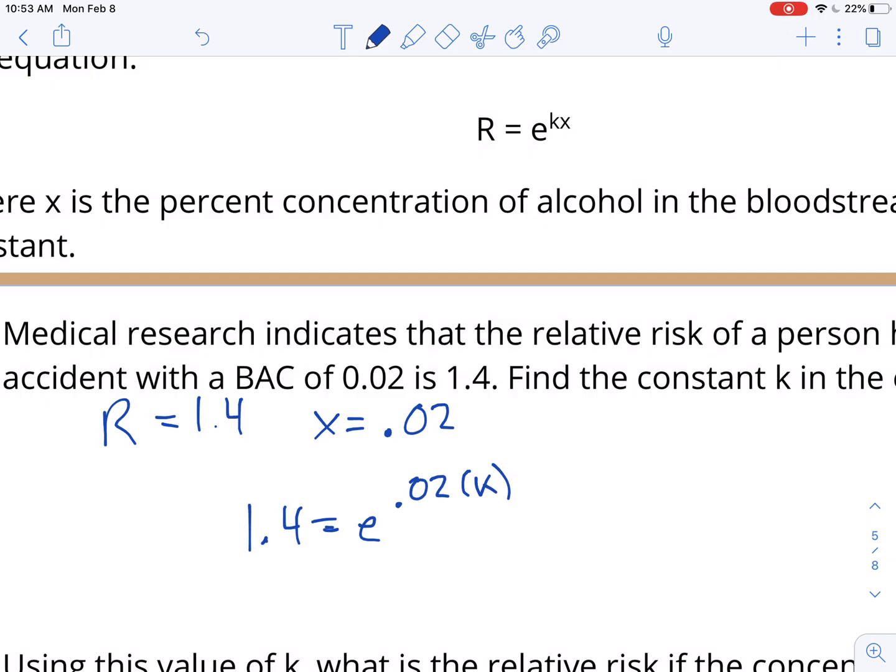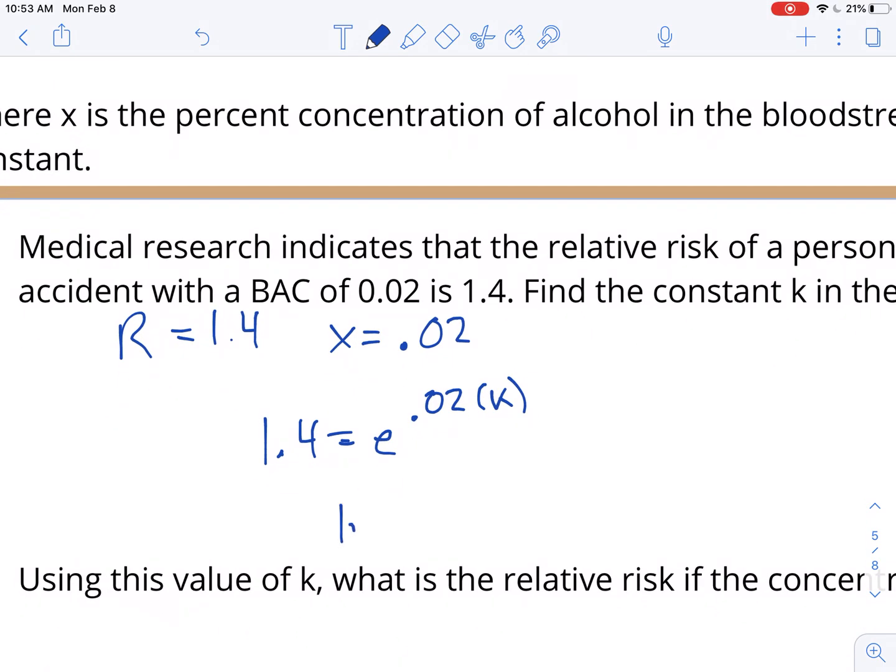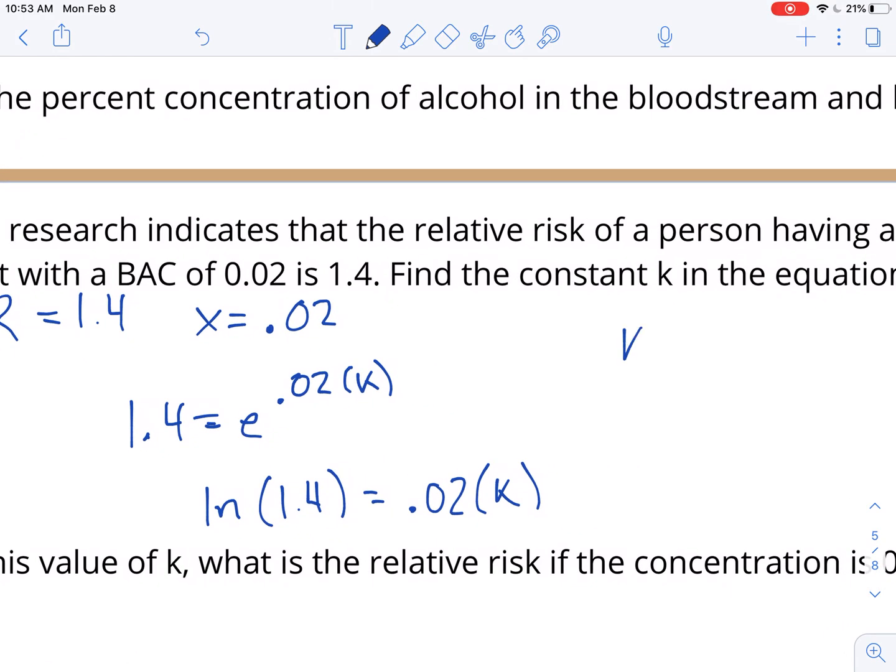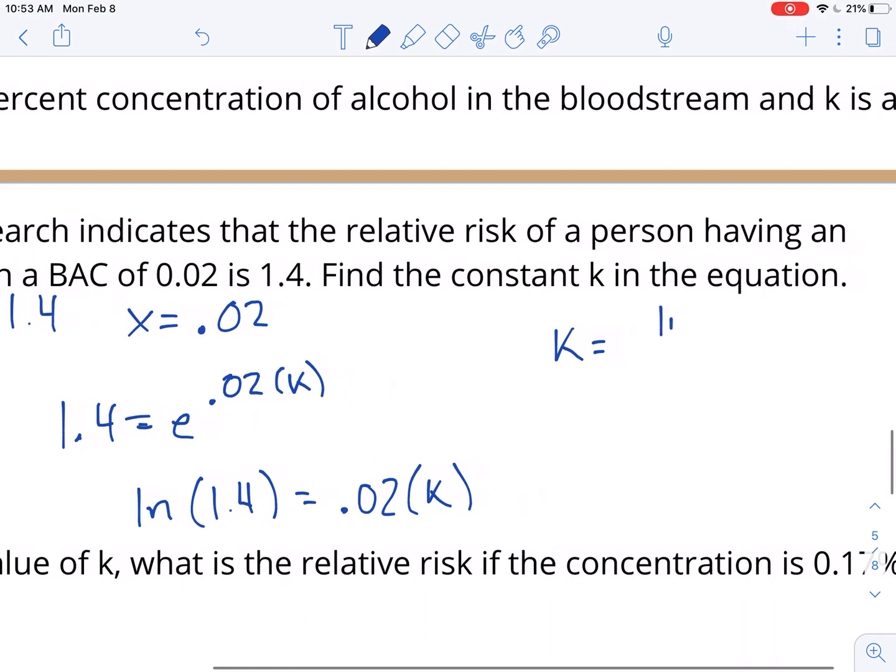All right, so now I can go ahead and start solving this. The natural logarithm of 1.4 is equal to 0.02 times k. So then that means that k is equal to the natural logarithm of 1.4 divided by 0.02. So I'm going to go ahead and plug this in on my calculator.